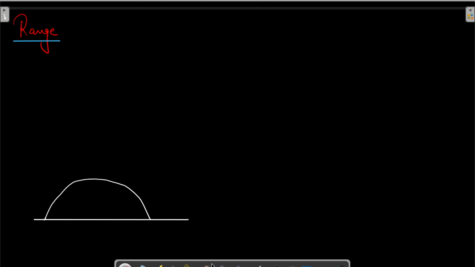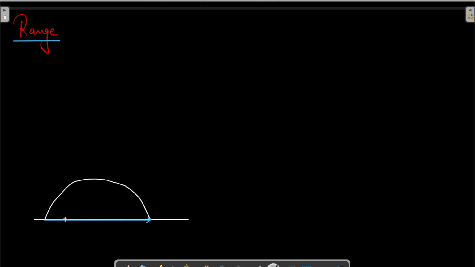Again, the initial velocity vector scaled by tau. First, we need to see the range thing. The range will be the magnitude of the line joining the initial and final point, which is horizontal in this case.